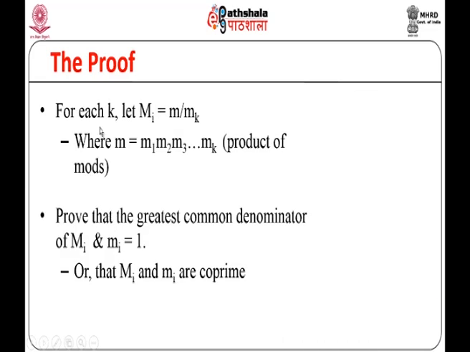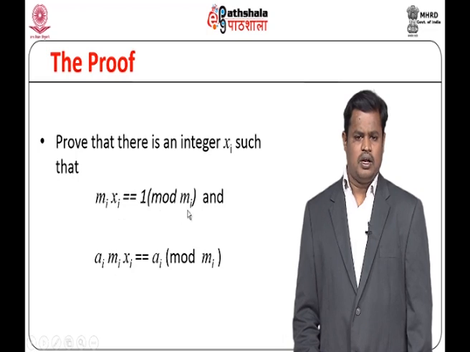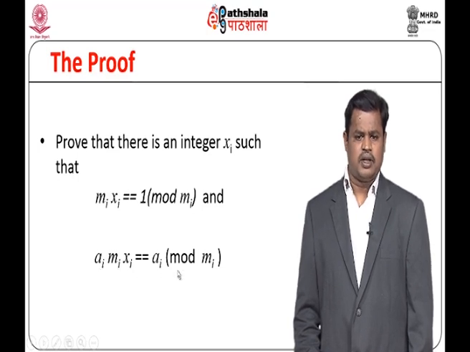Then we have also shown that for each k, with Mi equal to M divided by mk, where M is the product of the moduli, the greatest common divisor of Mi and mi is equal to 1, so Mi and mi are co-prime. It also proves that there is an integer xi such that Mi xi is equal to 1 mod mi, and if ai is an integer, then ai Mi xi is equal to ai mod mi.